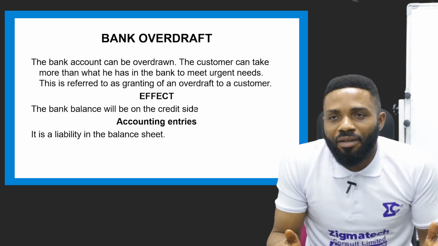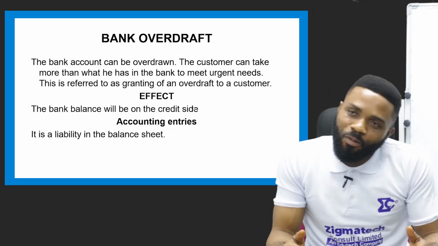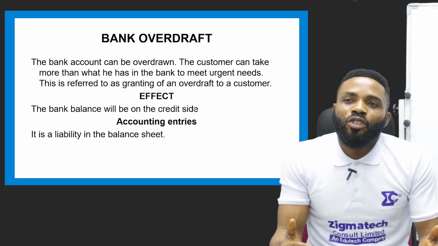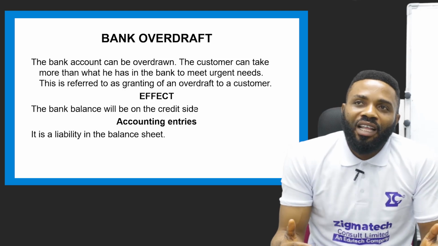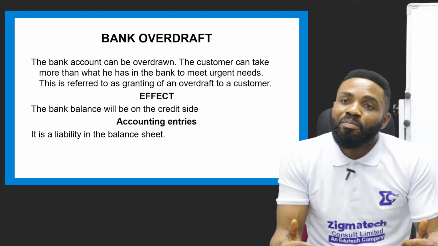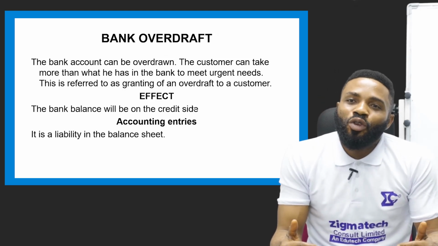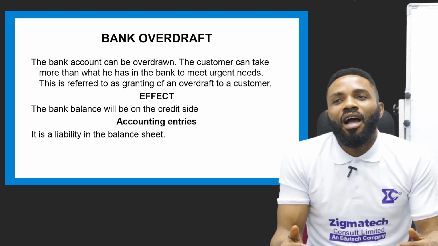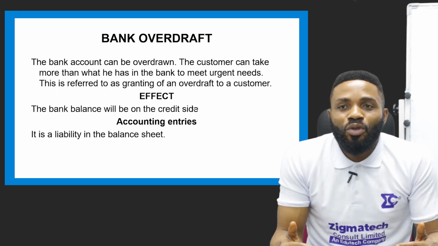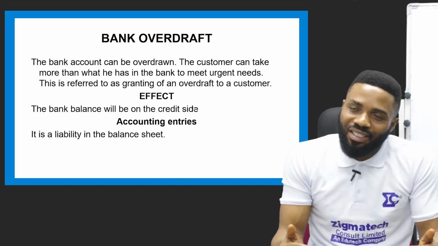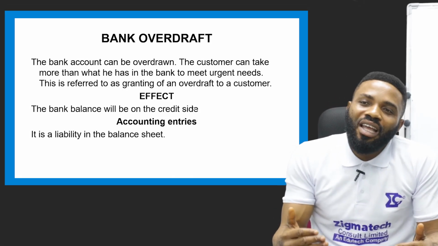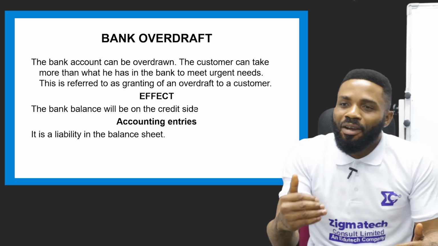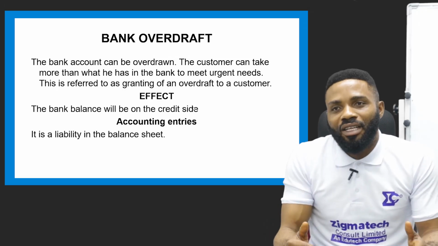If I am the manager of a particular company, and for some reason one of my staff runs up to me and says, please sir, I just lost my father and I want to take the corpse to the mortuary and I don't have money. Please, can I get 1 million naira, or can I get 500,000 to achieve that?